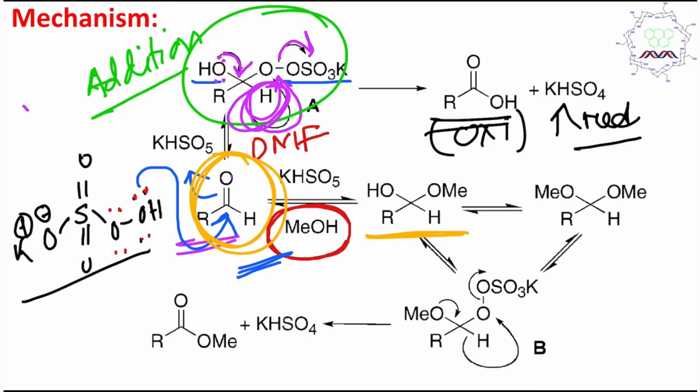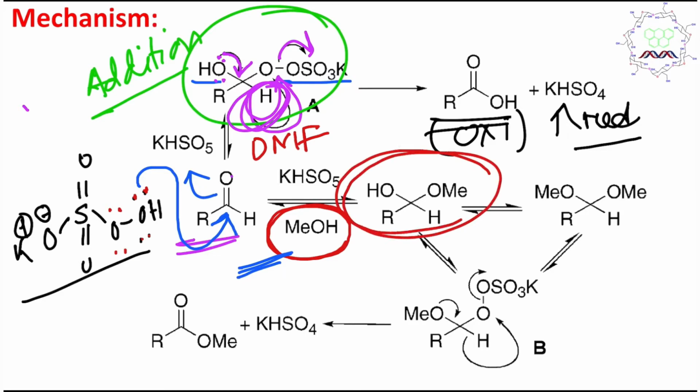Now in the next step, what can you expect? Simple thing: this hemiacetal formation is actually a reversible process. So what can happen? This OMe group can leave, option number one, or another possible option is that the lone pair of OMe can push.